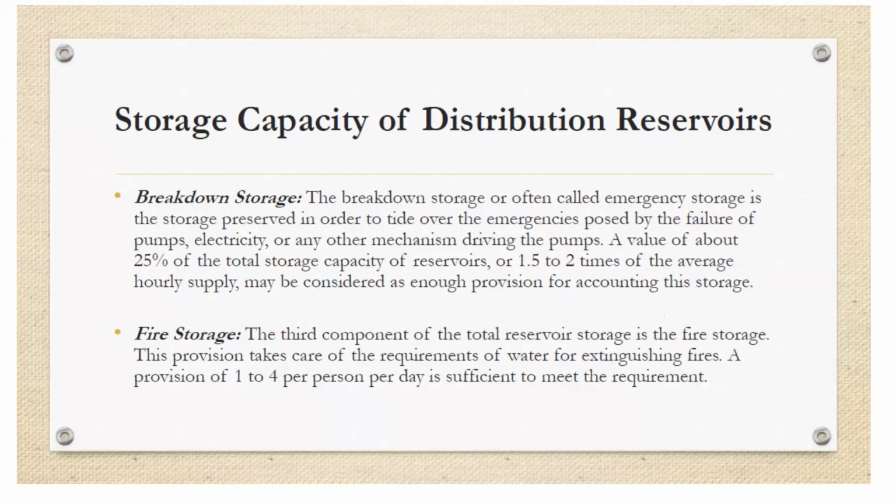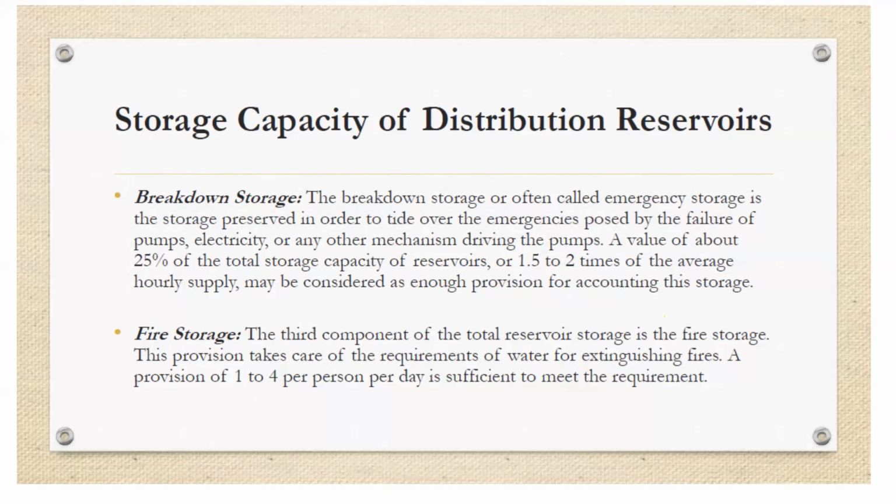So I will read that through the slide. Breakdown storage is often called emergency storage. It is the storage preserved in order to tide over the emergencies posed by the failure of pumps, failure of electricity, or any other mechanism driving the pumps. And what quantity can we take? A thumb rule is created, and from that thumb rule, it is a value of about 25% of total storage capacity of reservoir.